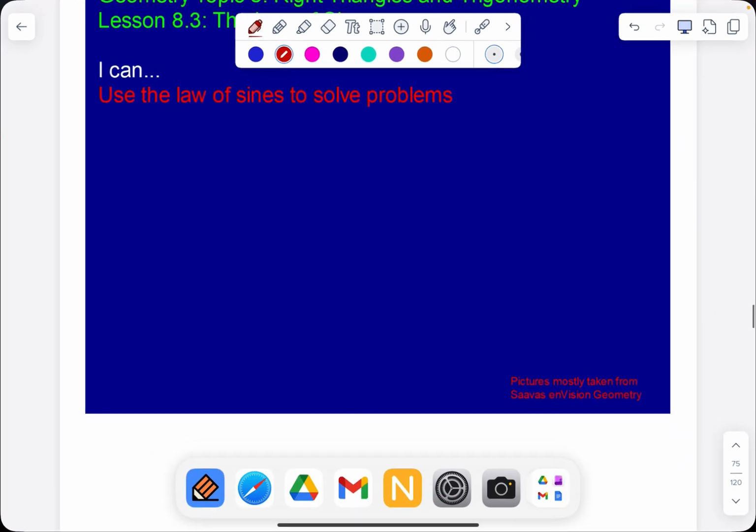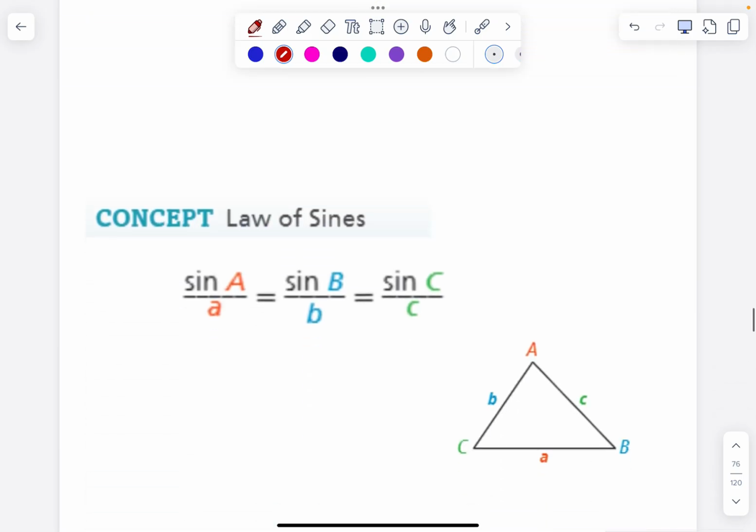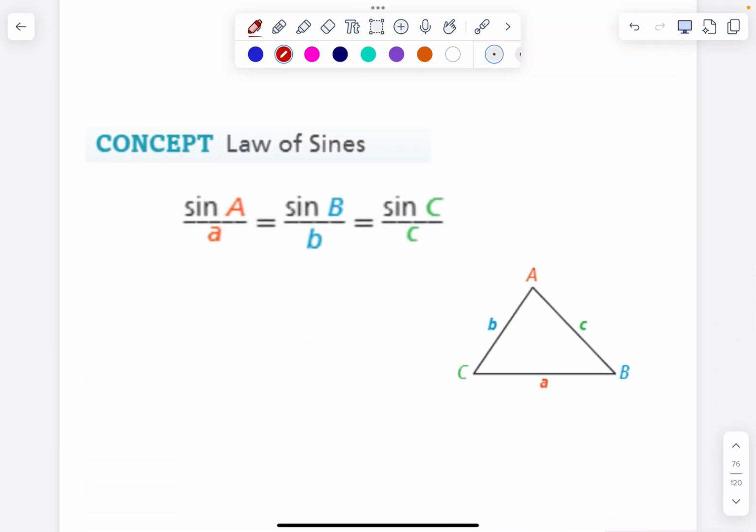Law of sines is always applicable in a triangle. And here's what it looks like. We'll write it down in your notes. But before we do, I just want you to look at it. What does it say to you? Can anybody interpret this? Don't read what the equation is, but interpret it in English instead.